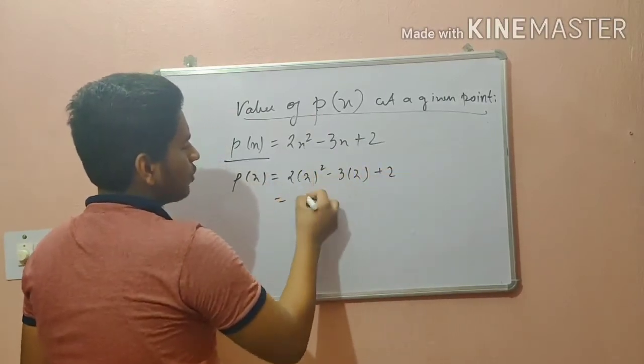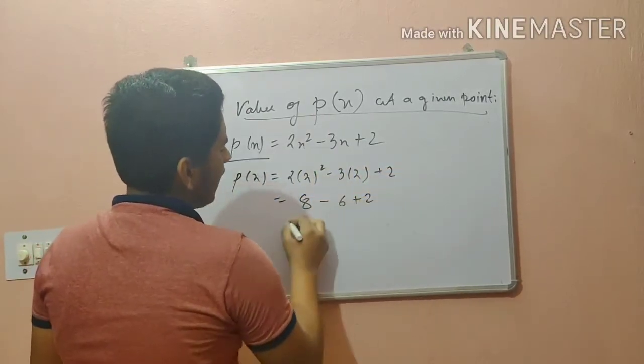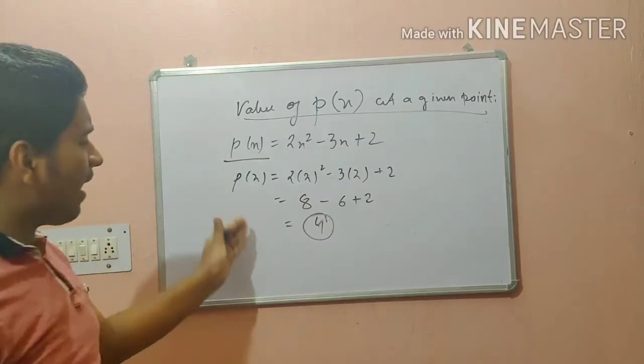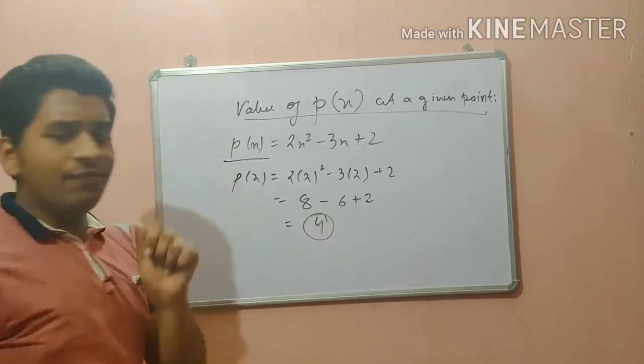It will be 2 fours are 8, minus 6, plus 2, that will be 4. So the value of polynomial p(x) at 2 is 4.